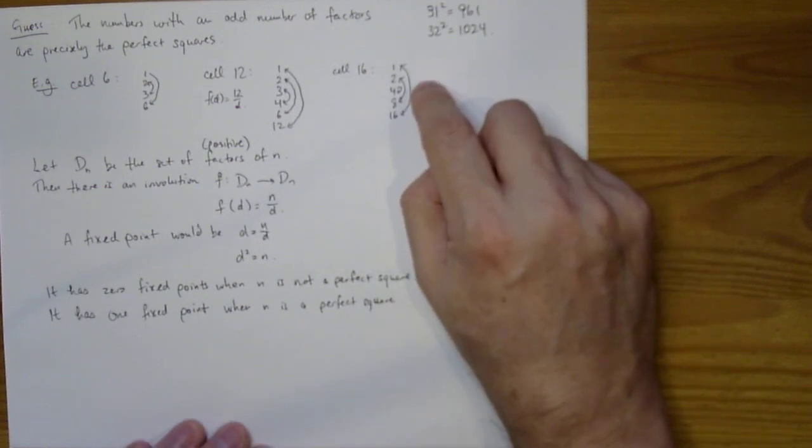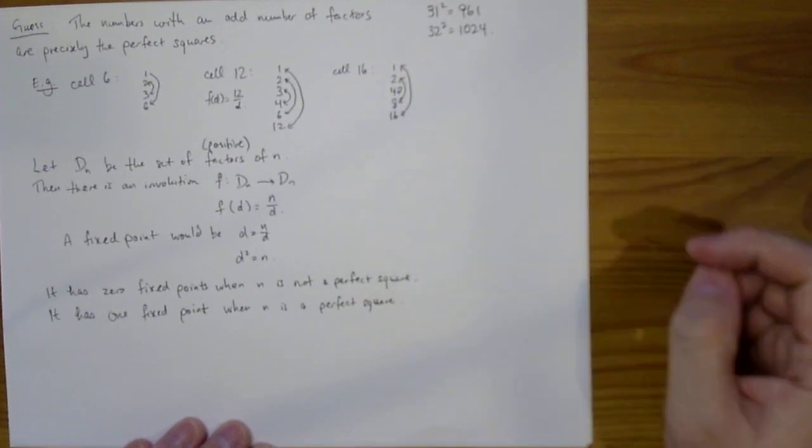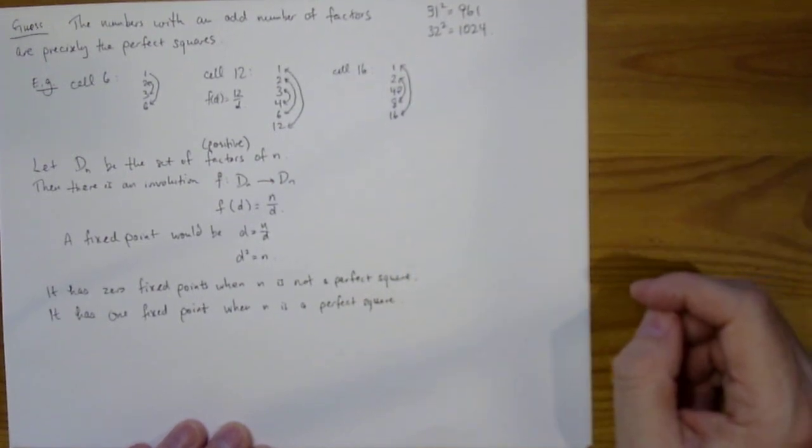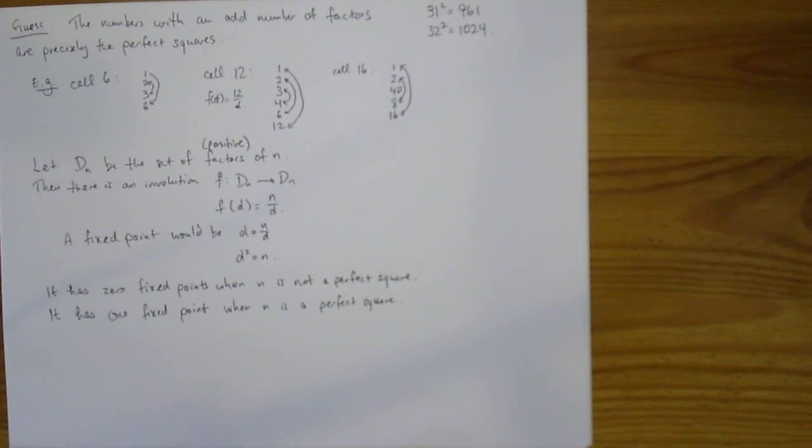Like d sub 16 has 5 factors in it, and there's 1 fixed point. So that's kind of a nice way to use this thing to go backwards, right? Instead of going from the size of the set to the size of the set of fixed points, you go backwards.